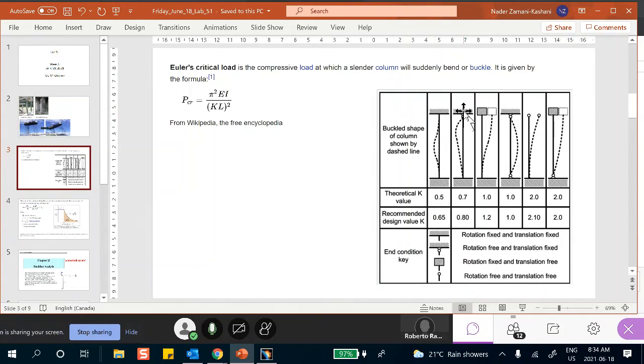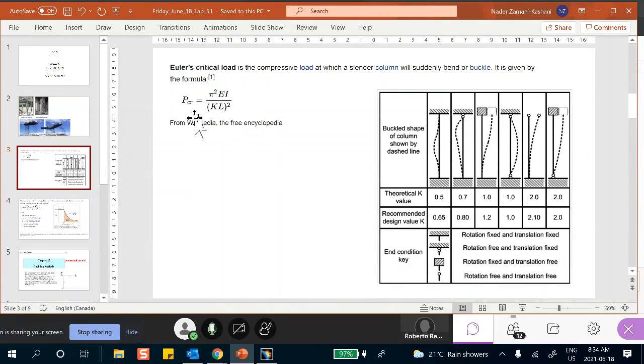It could be simply supported at both ends, pin and pin, or it can be a clamp and a pin, or actually free, etc. Let's not worry about these. They all give you a critical load under compression, which is called the Euler buckling load, which comes from this formula.